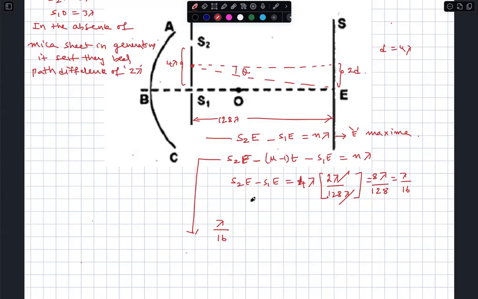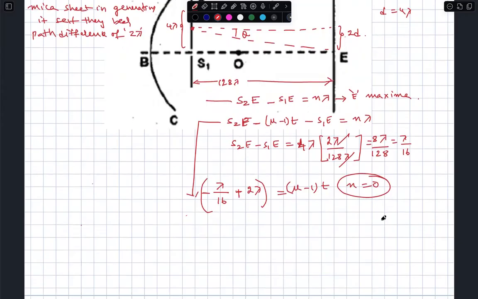And by the way, in the generation itself, they bear some path difference. That path difference is 2 lambda. So effectively, it is going to be minus lambda by 16 plus 2 lambda is mu minus 1 into t. I am taking n equal to 0 as a condition, minimum. Or you keep that only, you try different options.